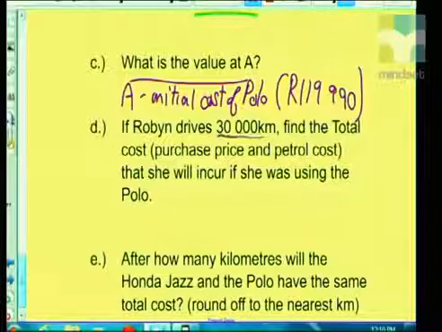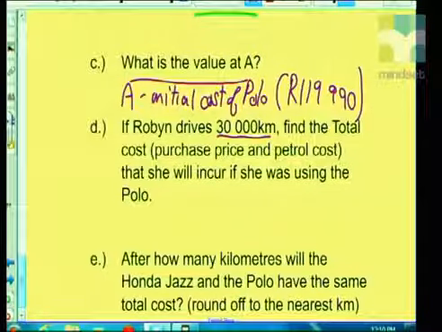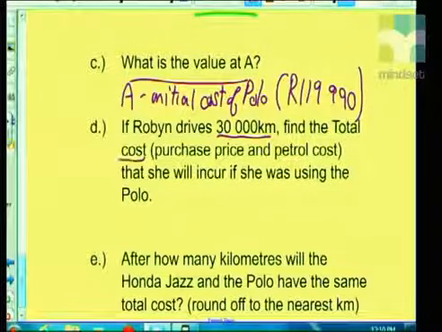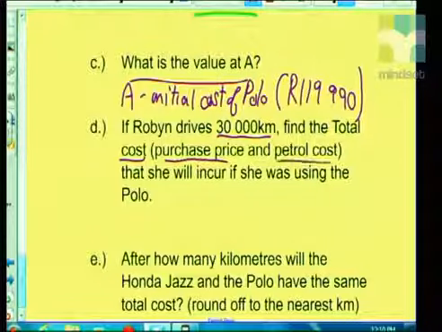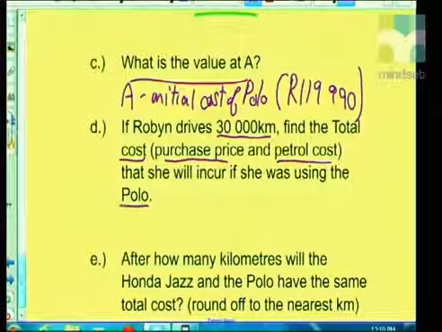Let's move on to the next question now. Number D is an interesting question, and it builds up for us to be able to tackle the last question, number E. So let's get all the information we need. If Robin drives 30,000 kilometers, find the total cost, that means the purchase price and the petrol costs, that she will incur if she was using the Polo.